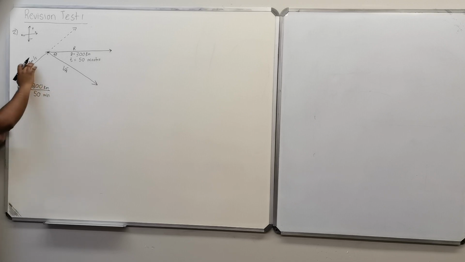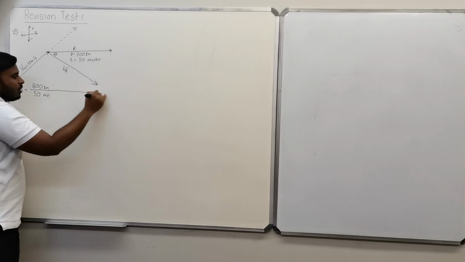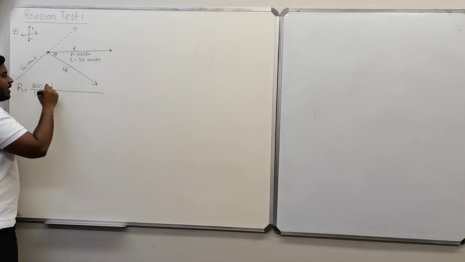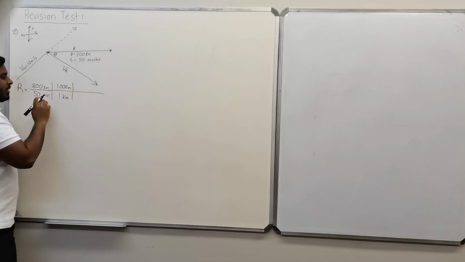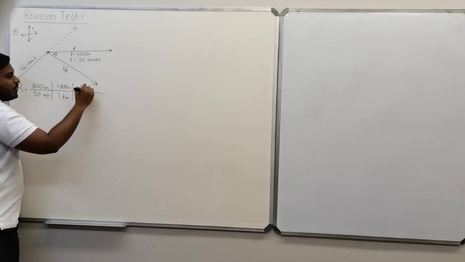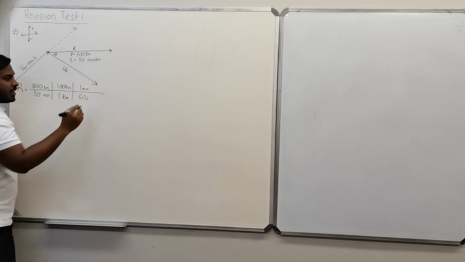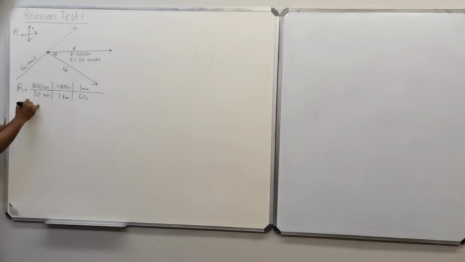Now you just need to convert this into meters per second. You would say 1 kilometer is equal to 1,000 meters. So we cover the meters part, get this to seconds. 1 minute is equal to 60 seconds.